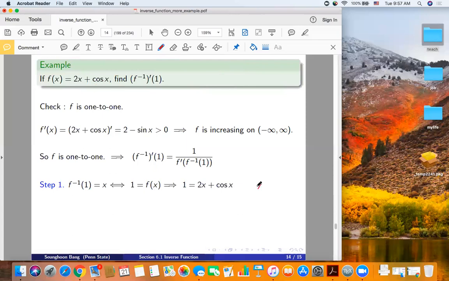What is x? What kind of number satisfies this equation, 1 equals 2x plus cosine of x? So you think about it. What is x?